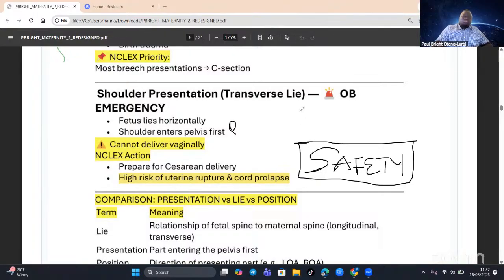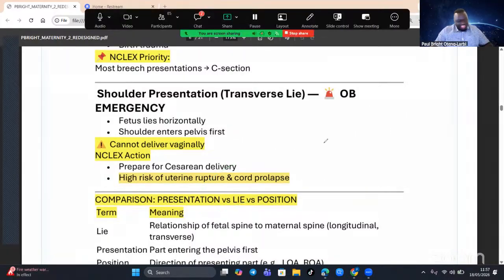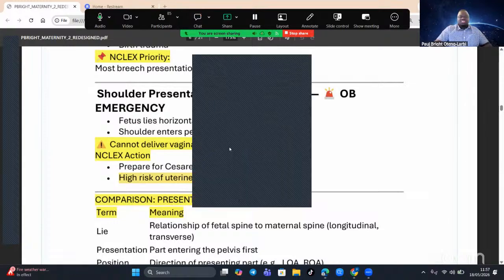So whatever I put on top here as my numerator should support safety. If I choose answer A, it should support the safety of the patient. Otherwise, the computer will punish you. Okay. So you go and you see a patient.